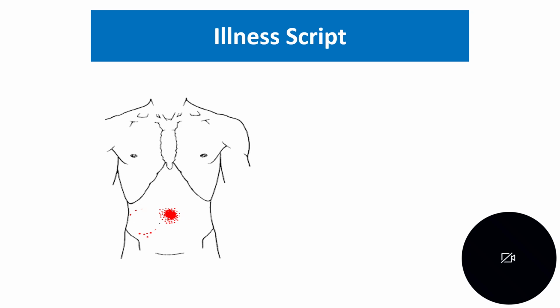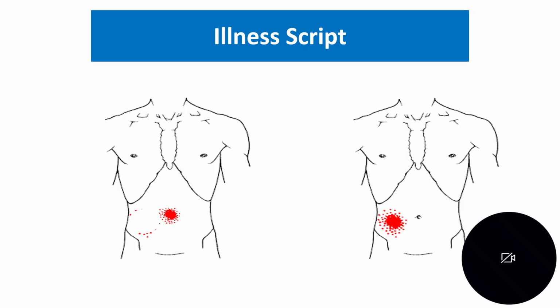This is a scenario of a 10-year-old boy who presents earlier last night with periumbilical pain. 6 hours later, the pain shifted to the right iliac fossa. Now he has a fever, and he started to vomit a few hours ago. What's the diagnosis? And most of you should be able to say at this time, yep, this is acute appendicitis. This is very easy because you've learned this already in your course.